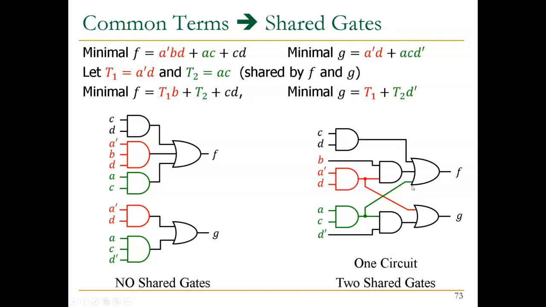Oh, the number of gates are the same. But in the first implementation, we require here a 3-input AND gate, and here a 2-input AND gate. So basically, we have reduced the number of inputs to the gates, and it will have less delay. Please remember, a 3-input AND gate has more delay than a 2-input AND gate. So now we have reduced the number of resources, and we have further minimized the circuit. Any question? Any question?